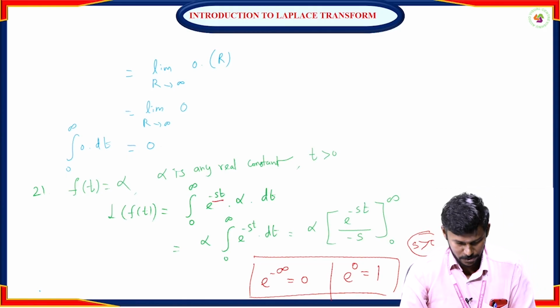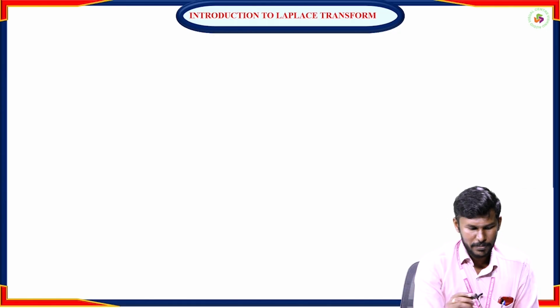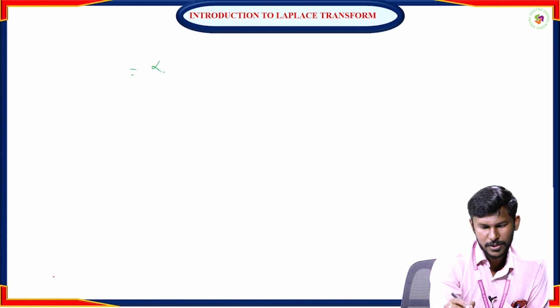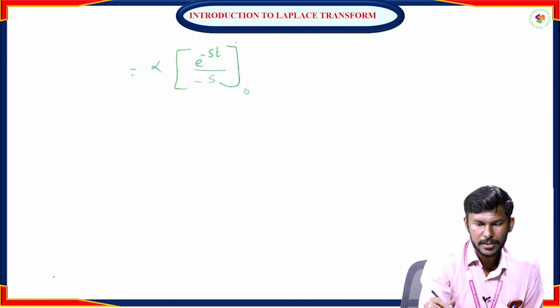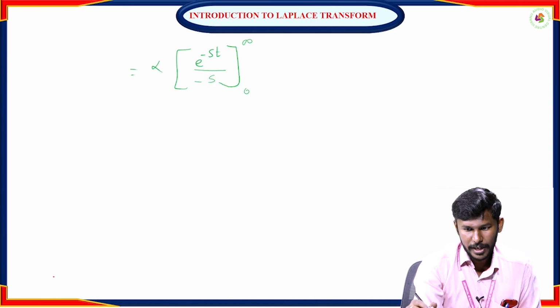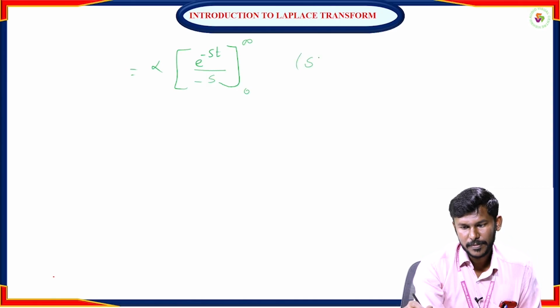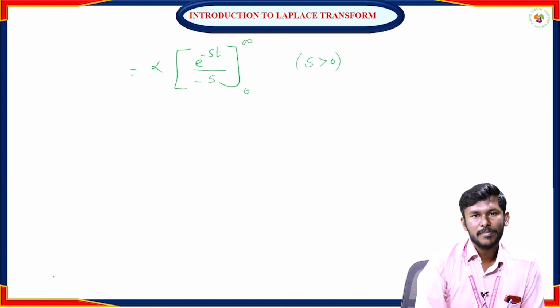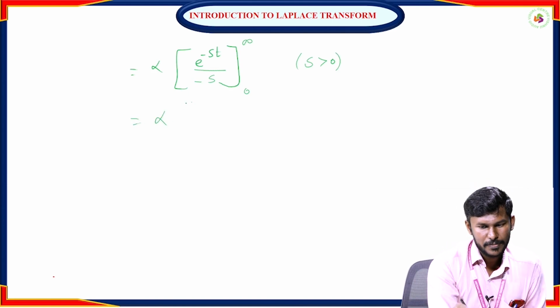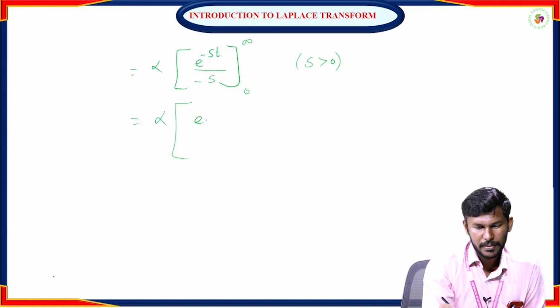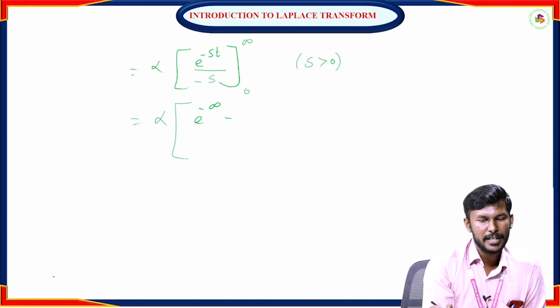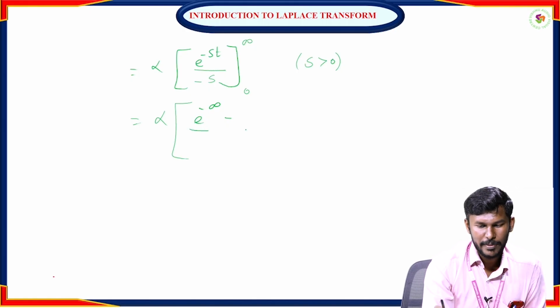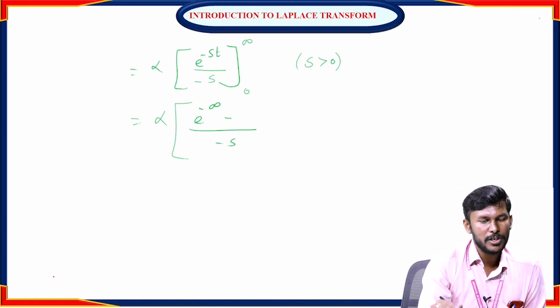Okay, so we need to assume that here my s value is positive. So next, my problem is alpha is outside, e power minus st divided by minus s, my limit is 0 to infinity. We assume that s is positive, then only we can get that. Apply the upper limit, it is e power minus infinity minus my lower limit, divided by minus s is common, there is no t involving here.